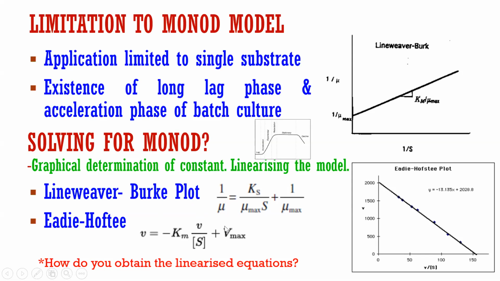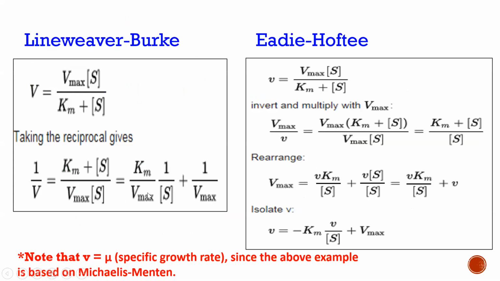You may not need to memorize this, but you should understand how they derive this equation. There are two people involved here. For Lineweaver-Burk, basically how they do it, they use this arrangement, taking the reciprocal of this, and then you can generate this, all right? And then here we go.